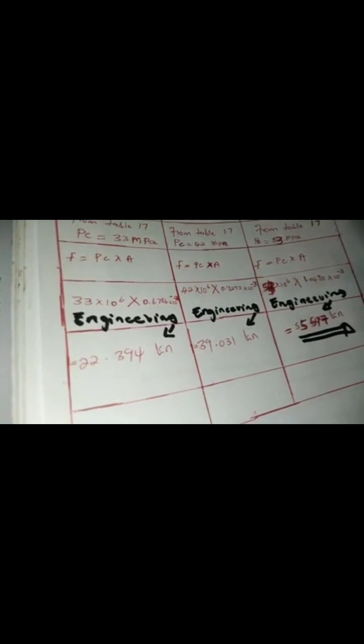And then let's go to 114 by 8.23. This is our A. It's 1.0490. Then you go to this one. 53 is from table 17.